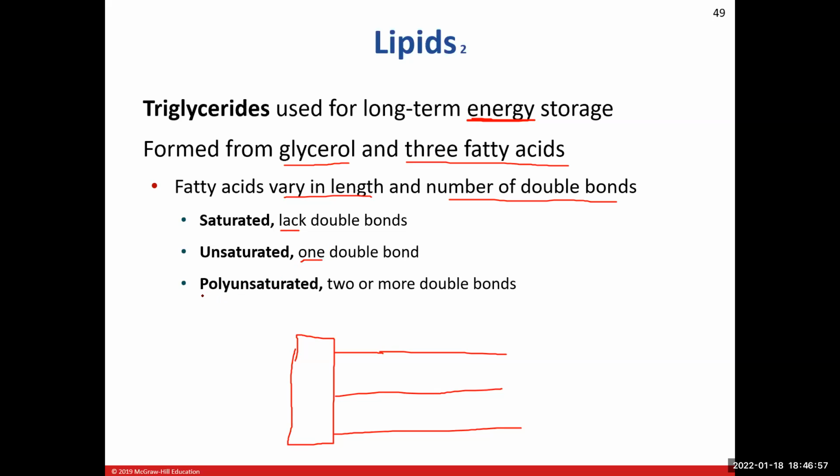Polyunsaturated means many, so that means 2 or more double bonds. That's it, those 3 terms, that's simple. If it's saturated, we've saturated all the bonds, which means there are no double bonds. If it's unsaturated, there's 1 double bond. If it's polyunsaturated, there are 2 or more double bonds. All right, those are our triglycerides.